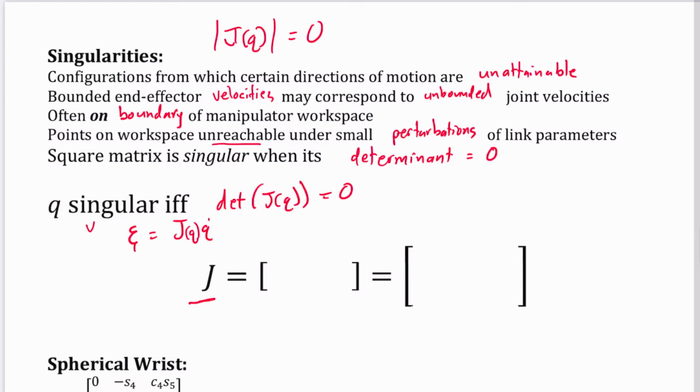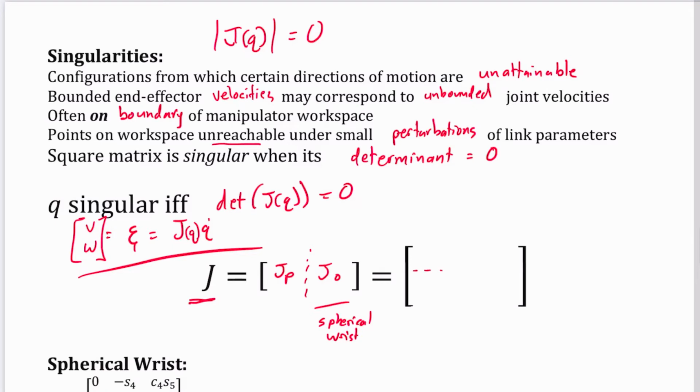This can be split up into our velocity and our angular velocity. So similarly, we can split up our Jacobian into two items: the Jacobian for the position degrees of freedom and the Jacobian for the orientation degrees of freedom. That's because we're going to assume that we have a spherical wrist.